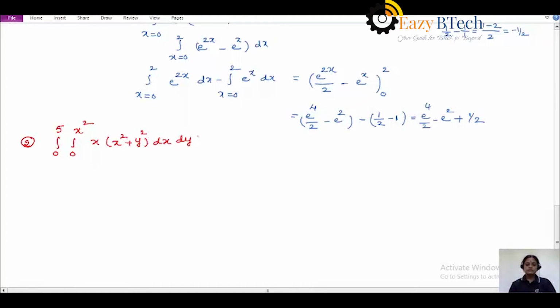Okay. So now to do the integration of x into x square plus y square dx dy, within the limits it was given that 0 to x square and 0 to 5. At first I am writing the question.